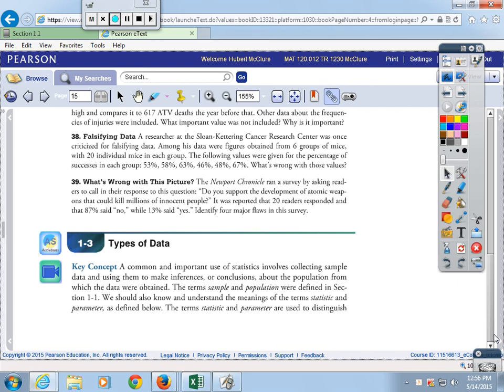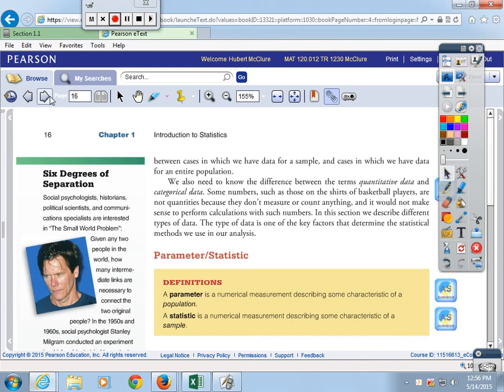We want to talk about sampling and population. Okay. Write these two down. Statistics is one of those words that has 2 definitions.